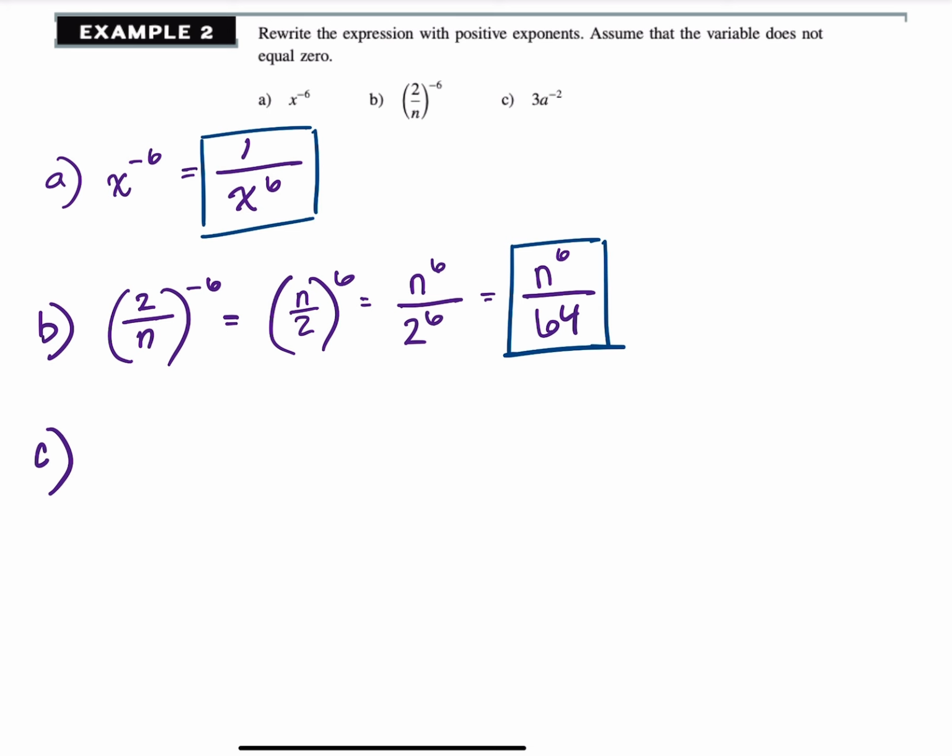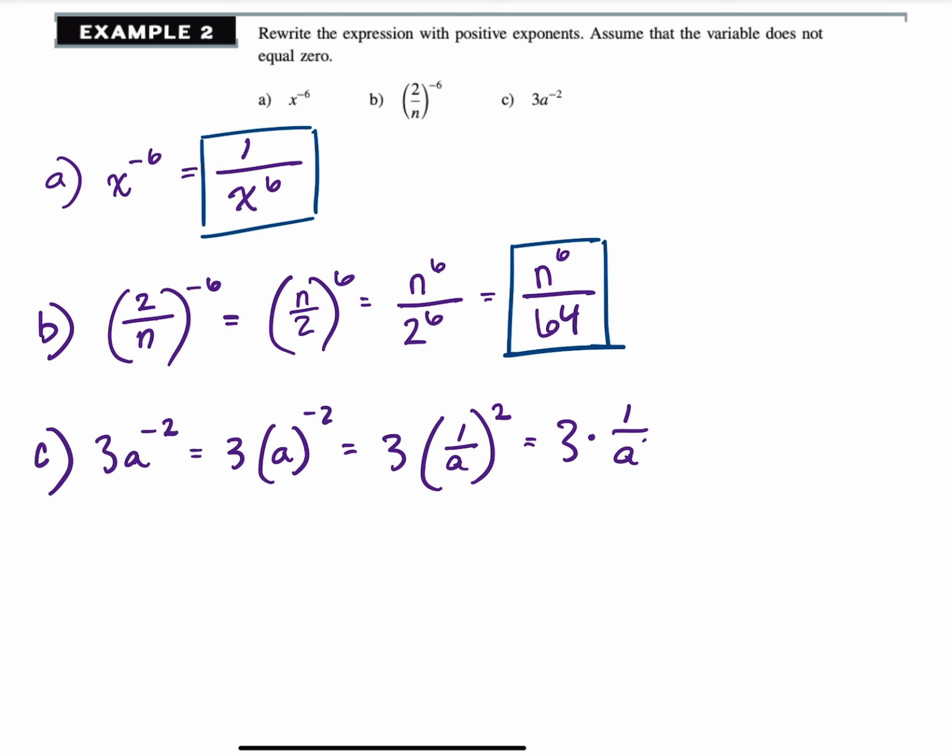Part C, we have 3 times a to the minus 2 power. The 3 is on the outside here. It's not in parentheses. It might be helpful to write this like 3 times a to the minus 2. That's like an a over 1 in there. So this would be 3 times 1 over a to the positive 2 power, or 3 times 1 over a squared.